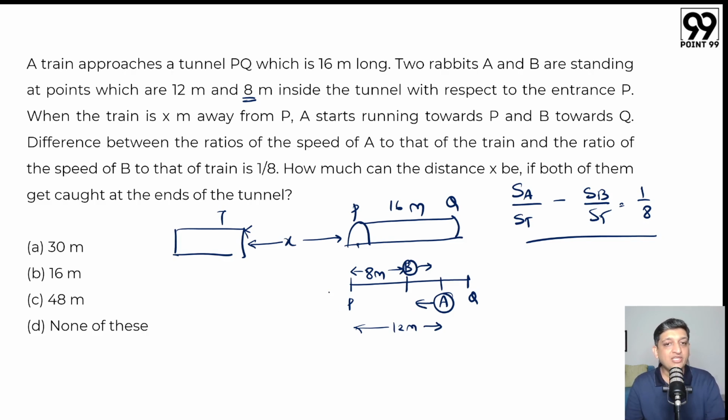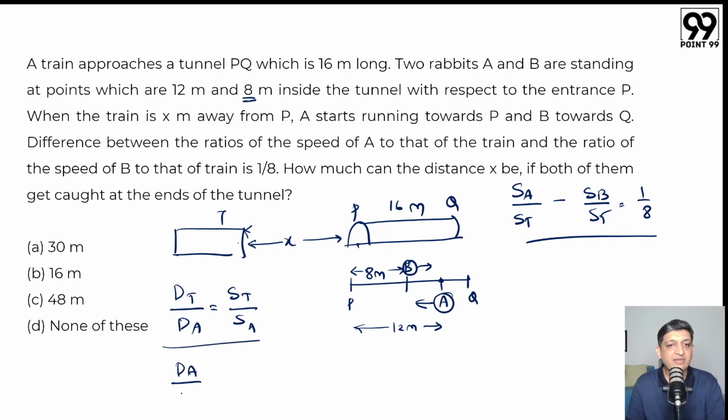But we know one small thing. When the train is here and the rabbit is here, let's say A, and both of them are traveling towards P, so what is happening here? In the amount of time that the train covers X, rabbit A would have covered 12 meters. So with time remaining constant, we can say that the distance covered by the train divided by the distance covered by A is going to be nothing but speed of the train divided by speed of A. If we reverse this, we will be getting the same thing.